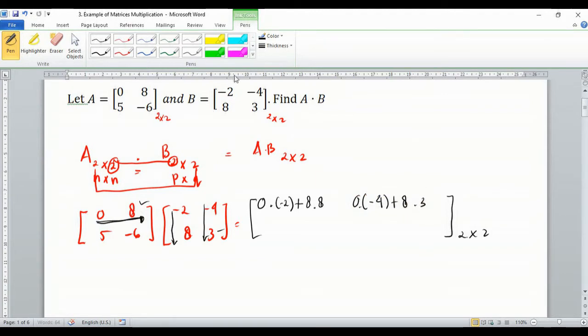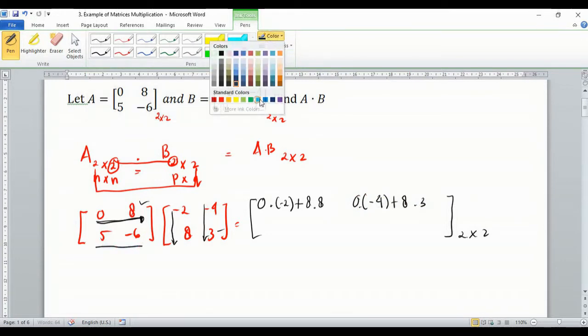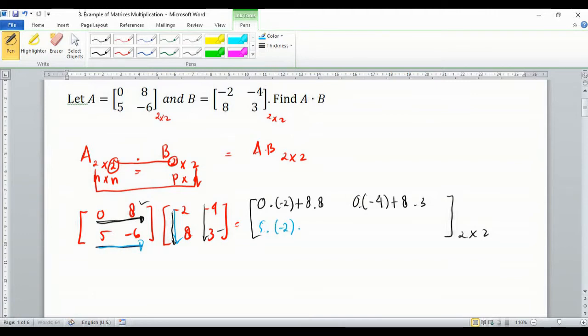Okay, and then let me change the color to blue. So this one is row times column. The row is 5 times the column -2 plus -6 times 8, and then the row times the column: 5 times -4 plus -6 times 3.